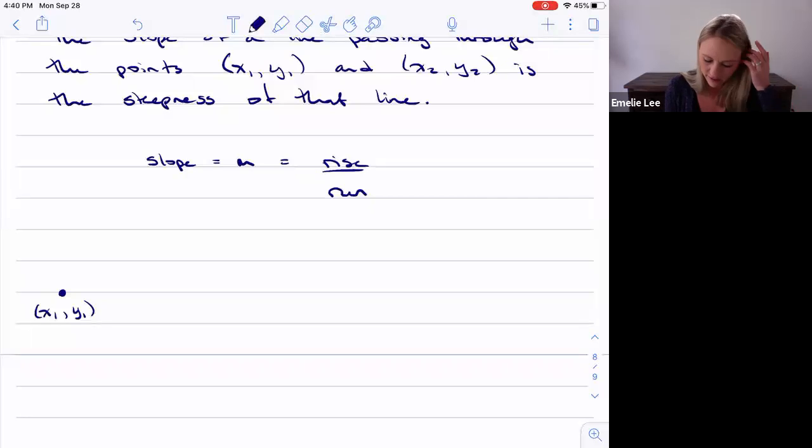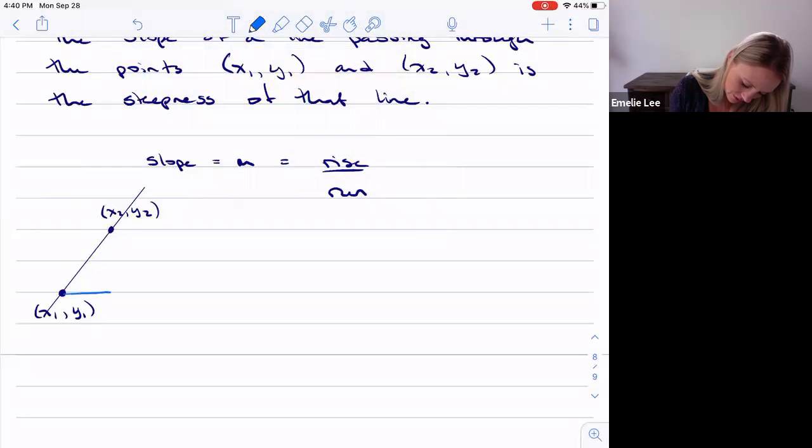We'll talk about positive and negative slopes later. And so here's my x2, y2. Now I'm going to draw a straight line through here.